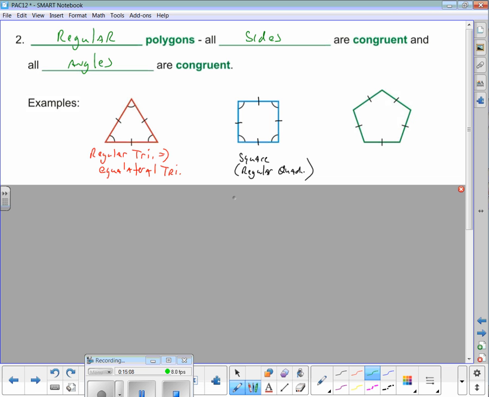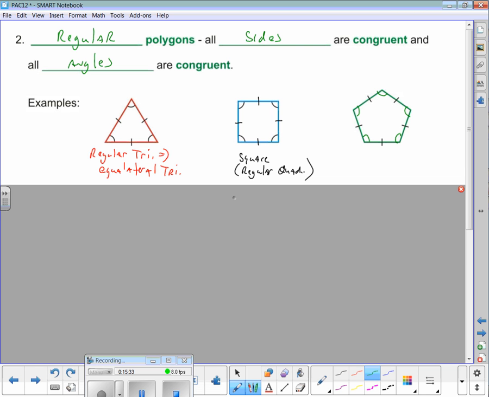Each angle of the square is the same amount, 90 degrees. They're all congruent. And this pentagon, by the way, we're going to learn how to figure out how many degrees each of those angles are, and we can do it mathematically. We'll get there tomorrow. There's always tomorrow. I know we have to leave you in suspense. I know you're just dying to get the answer, but that's the way it goes.